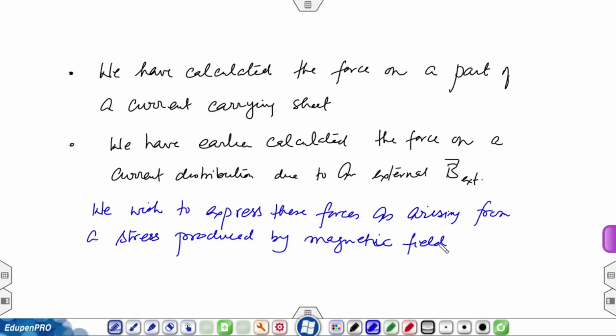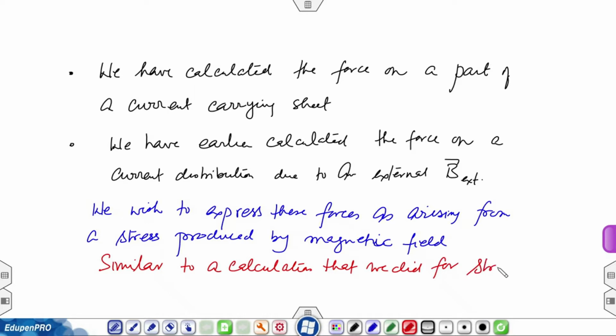This again is very similar to a calculation that we did for stress due to electrostatic field. So, this is all to understand how the force due to a magnetic field transmits, creating a stress. That is what we want to do.